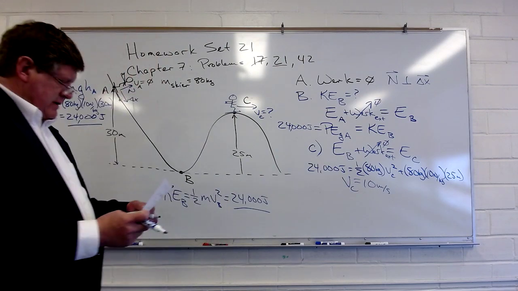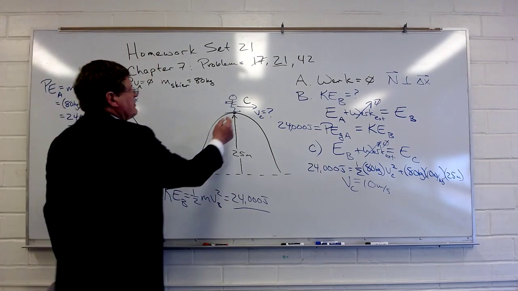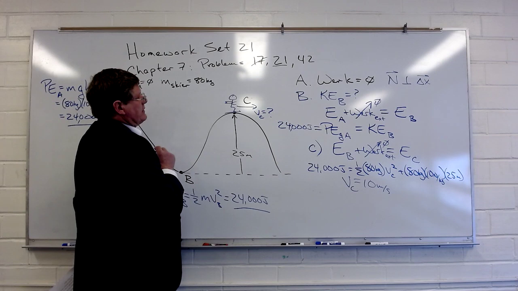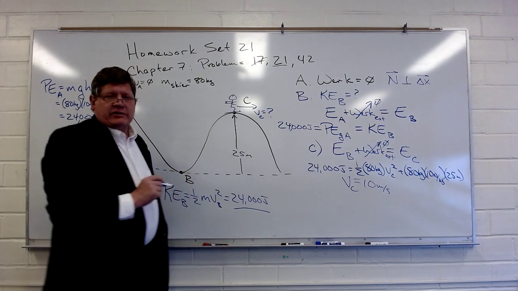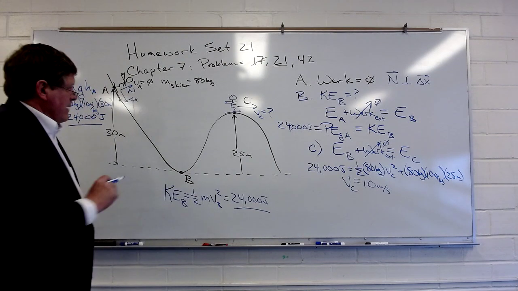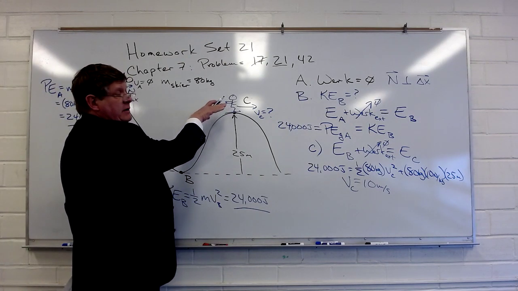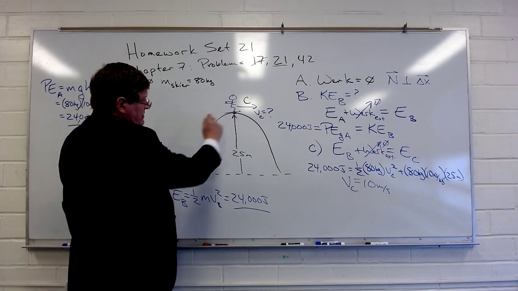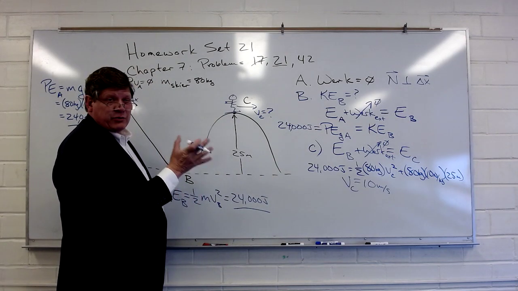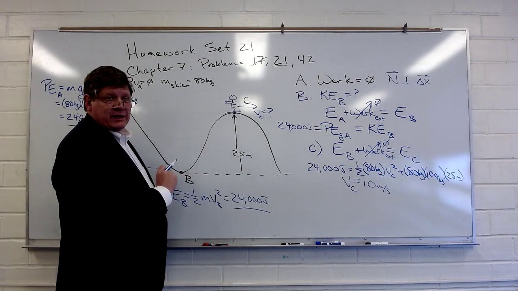Now the next part is asking us for the acceleration of the skier at point C. Well, she's not speeding up and she's not slowing down. I mean, she was slowing down as she went uphill. She's going to be speeding up as she goes downhill. But right here, she's in transition. She's right in between slowing down and speeding up.